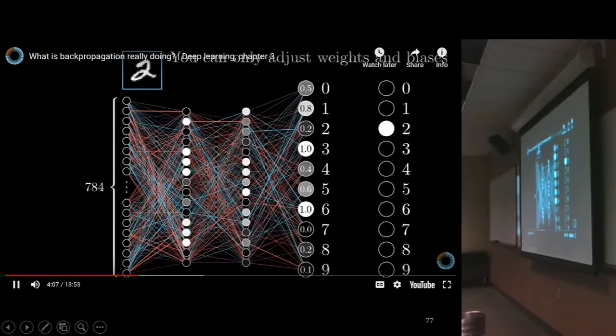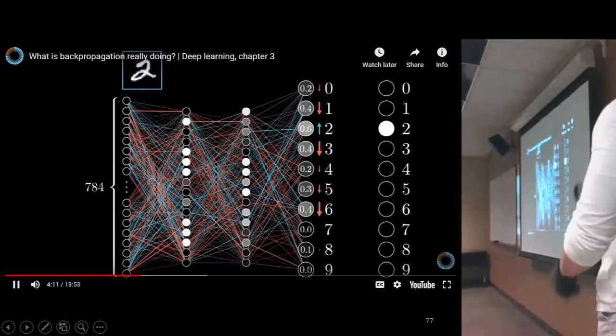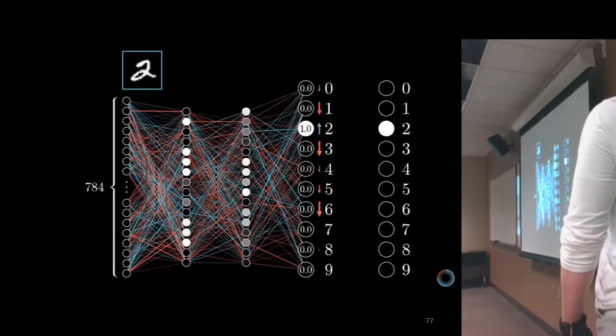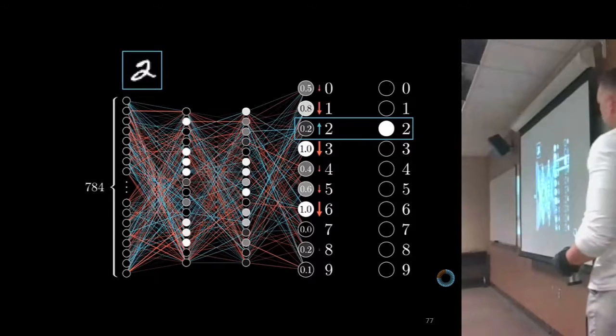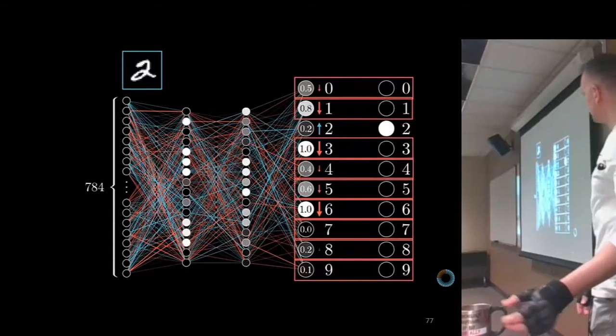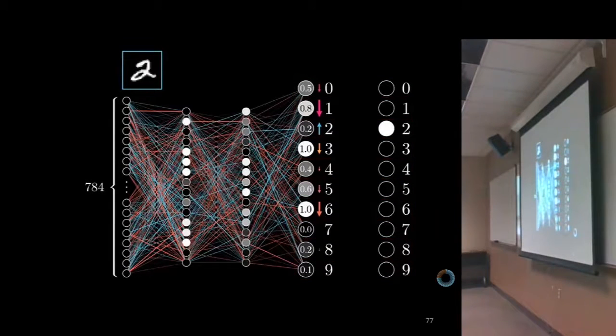But it is helpful to keep track of which adjustments we wish should take place to that output layer. Since we wanted to classify the image as a 2, we want that third value to get nudged up, while all of the others get nudged down. Moreover, the sizes of these nudges should be proportional to how far away each current value is from its target value.